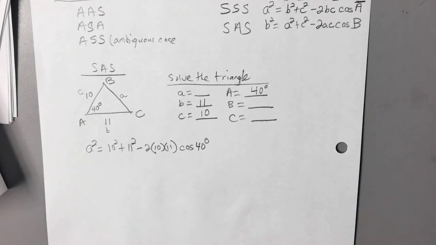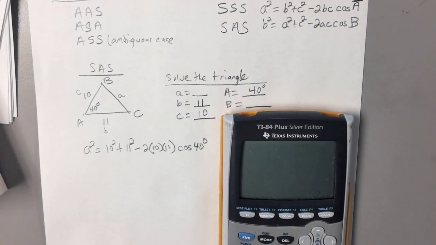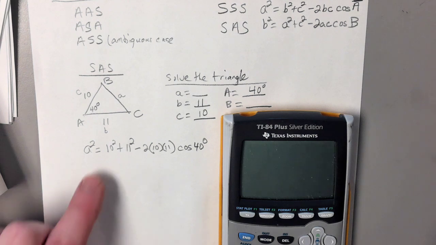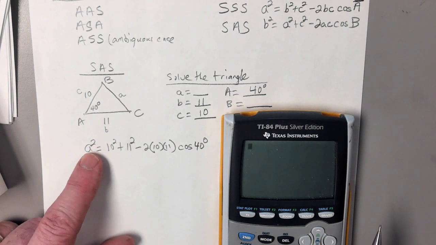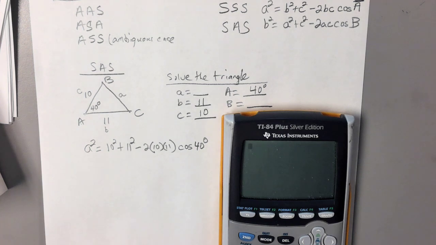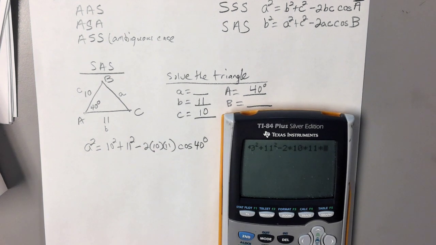And to do that, you just take your calculator and we'll go ahead and put that in there. So I'm going to put this in exactly like it is, and that's what a squared is going to be equal to. So if I did 10 squared plus 11 squared minus 2 times 10 times 11 times the cosine of 40 degrees.